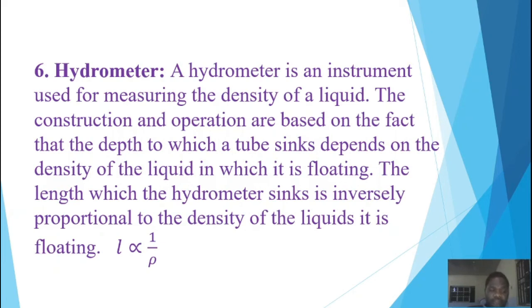Then we also have another type of hydrometer we call the thermohydrometer. This thermohydrometer is one of the most important hydrometers that is used. We use it to measure the density of fuel oil, like petrol. We have the one for petrol, we have the one for kerosene.